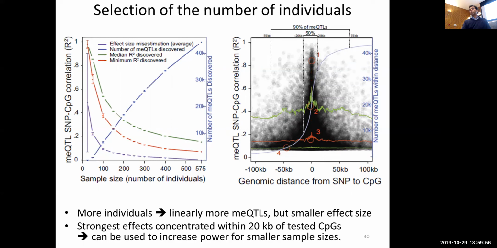So the genome is a big place. 3 billion bases is a lot. Even 1 megabase is 0.3% of the human genome, so 300 kb is 0.1% of the human genome. They're extremely tightly packed.